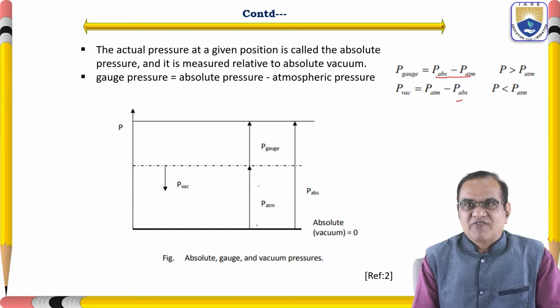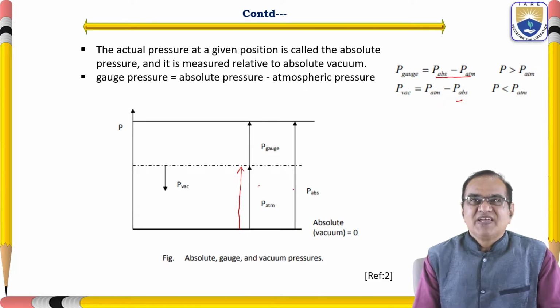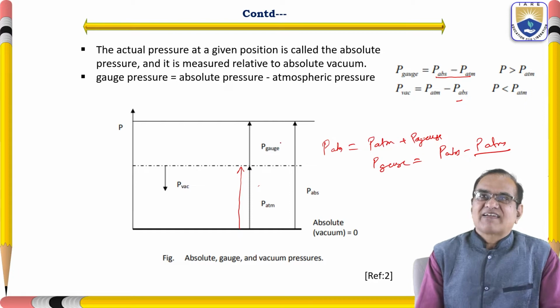From here to here is the atmospheric pressure, and above atmospheric pressure it is P gauge. How much is the total pressure? From here to here is P absolute. This P absolute is equal to P atmospheric plus P gauge, or P gauge is equal to P absolute minus P atmospheric for this condition.